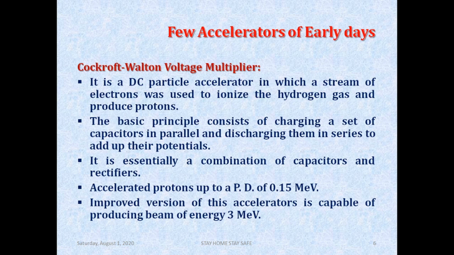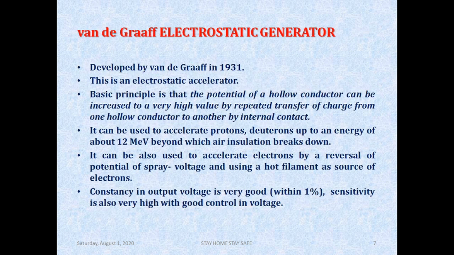The basic principle consists of charging a set of capacitors in parallel and discharging them in series to add up their potential. It is essentially a combination of capacitors and rectifiers. Using this, acceleration of protons is made up to a potential difference of 0.15 MeV. However, the improved version of these accelerators is capable of producing a beam of energy 3 MeV.